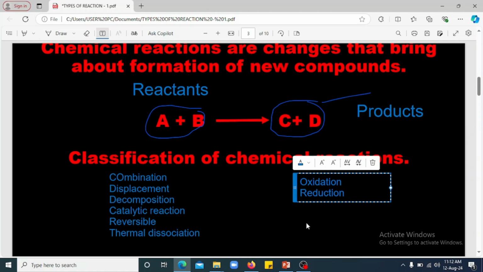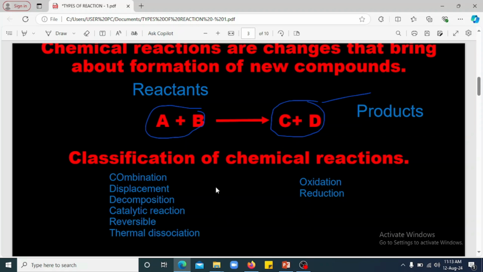Well, there may be other classifications, but for this level, let's look at these classifications. Oxidation, combination, displacement, decomposition, catalytic, reversible, thermal dissociation, oxidation, and reduction. For the purpose of this video, we are going to deal with combination, displacement, and decomposition.